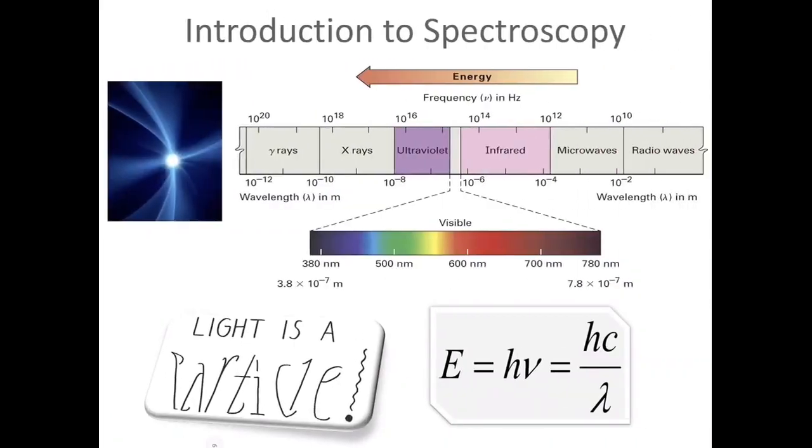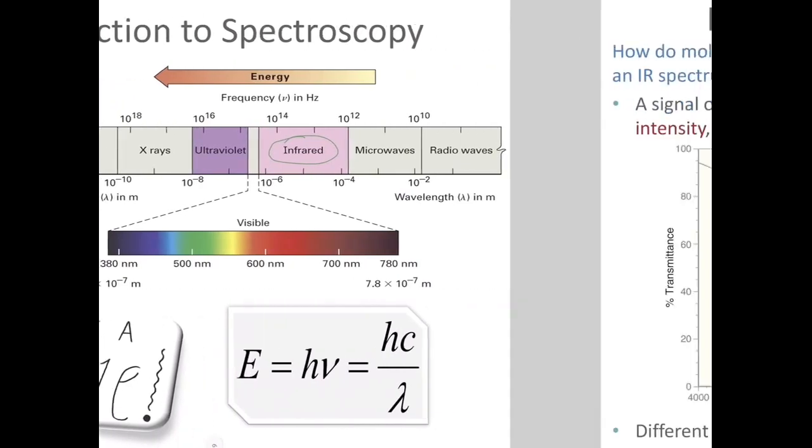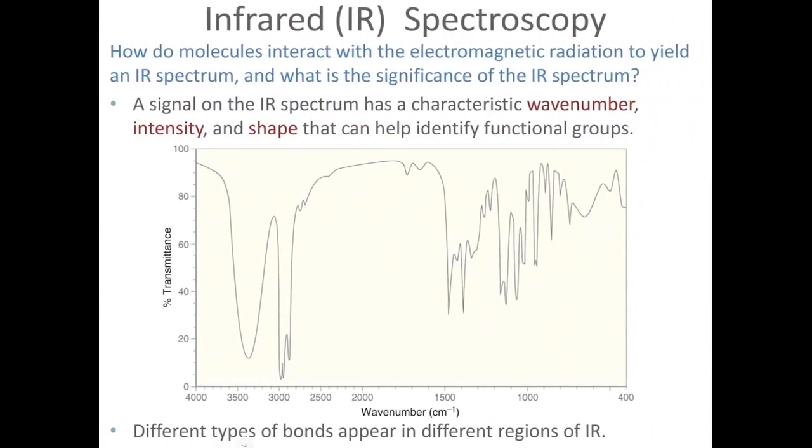The way we use IR spectroscopy is that the molecule is subjected to IR radiation. And when that happens, the molecule is going to experience what is called stretching vibrations.